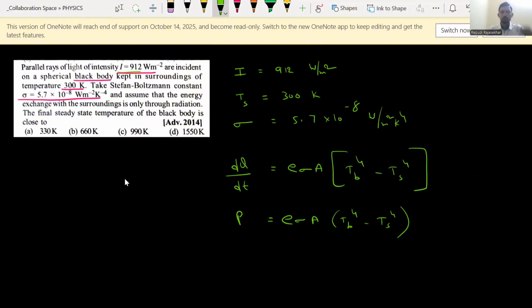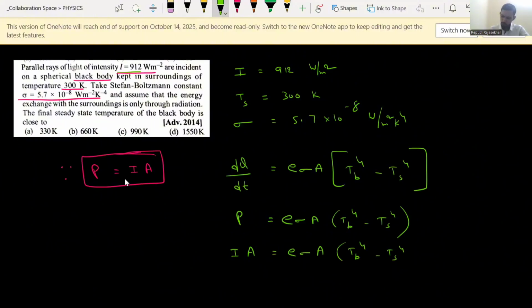Now how to represent power in terms of intensity? These small formulas are important to remember. Power equals intensity into area: P equals I into A. So just substitute that value here: I into A equals E sigma A times Tb power 4 minus Ts power 4.